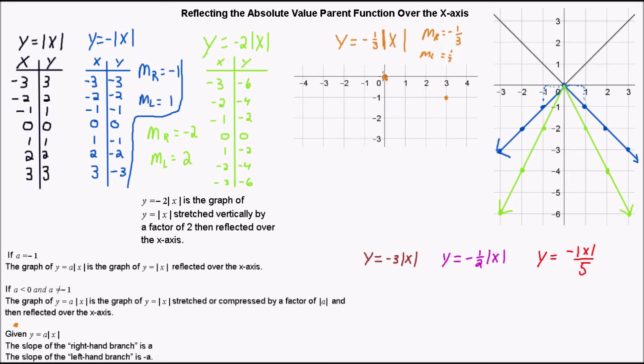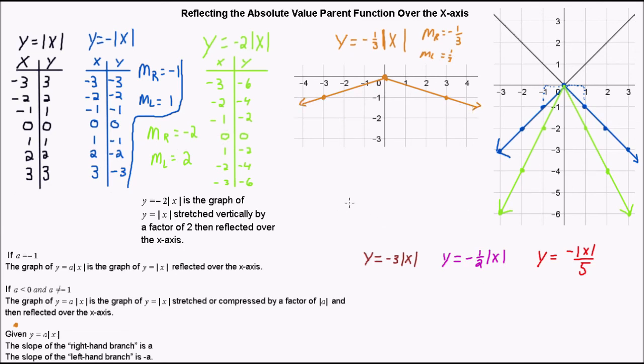So I go left 1, 2, 3, down 1. Okay, just connect all this up with a straight line. And here is the graph of y equals -1/3 times the absolute value of x.